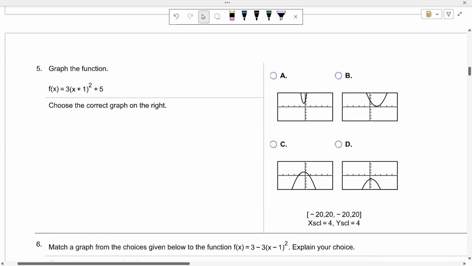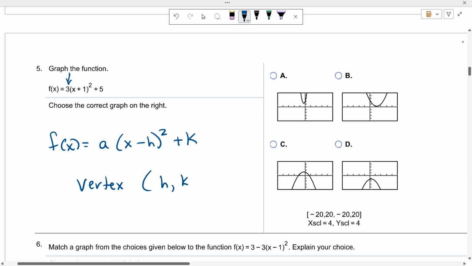Now if we have a quadratic function, this makes it 3 times skinnier. And your vertex will be at h, k, the opposite of this, the same as this.